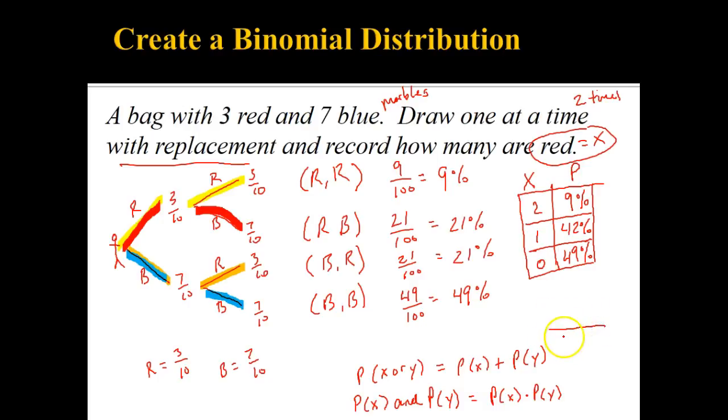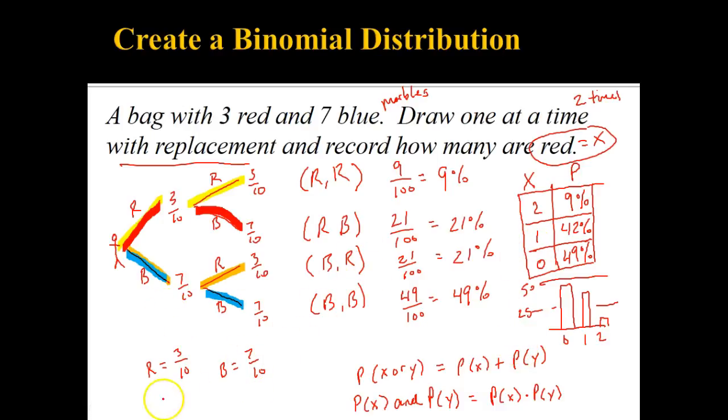So I could have said 0, 1, 2, 49%, 42%, and 9%, and had this as a bar graph. So just be aware that you might see data represented as a bar graph, you might see it represented as a chart, or you might have to calculate it yourself from a situation like this.